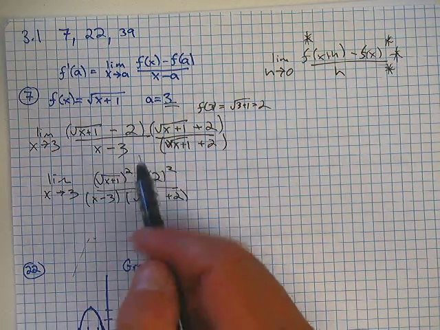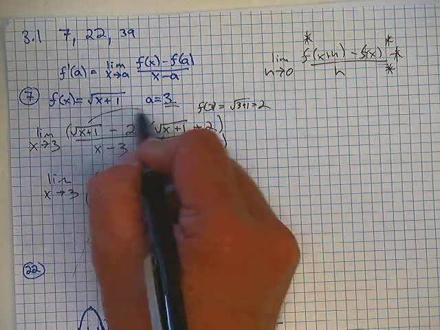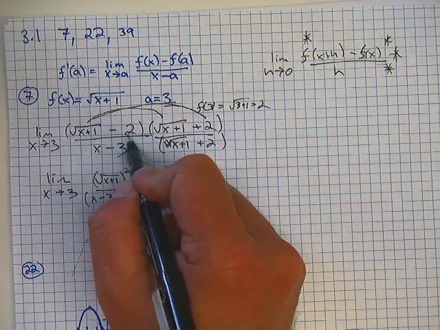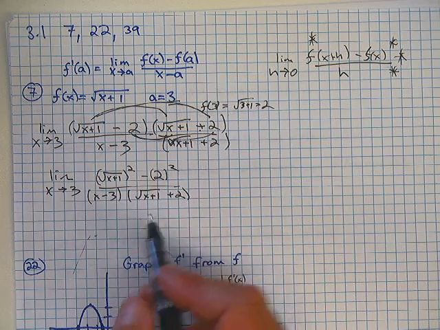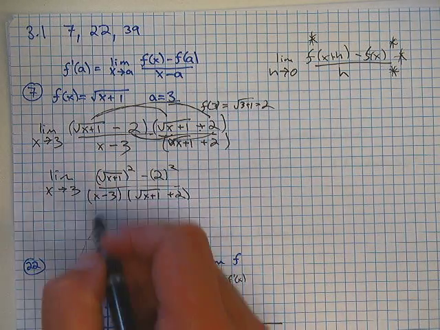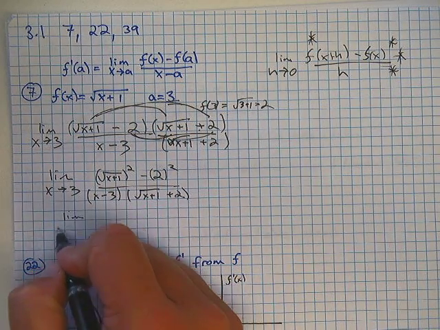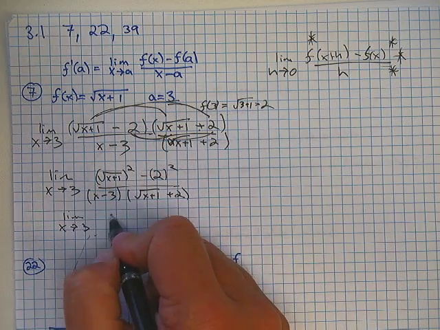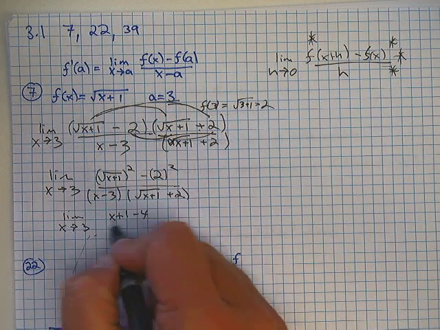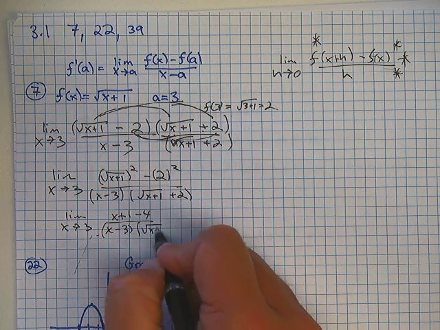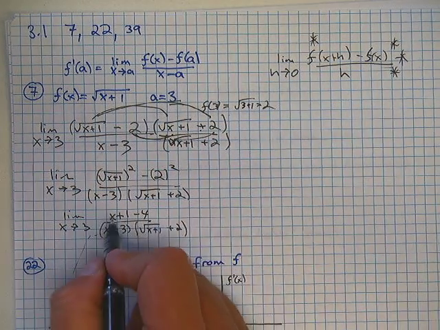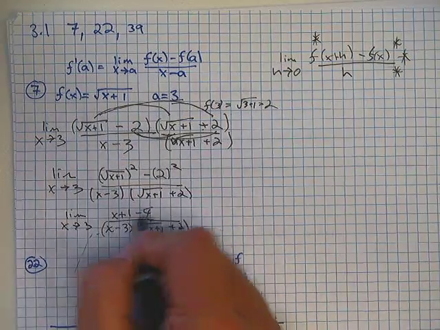Normally I wouldn't even write this right here. I'd go right to the answer, but I'm trying to show you guys what's going on. What we're doing is foiling, but because of that plus sign and that minus sign, the middle term gets canceled out. So this simplifies to the limit as x approaches 3 of x plus 1 minus 4 divided by x minus 3 times square root of x plus 1 plus 2.